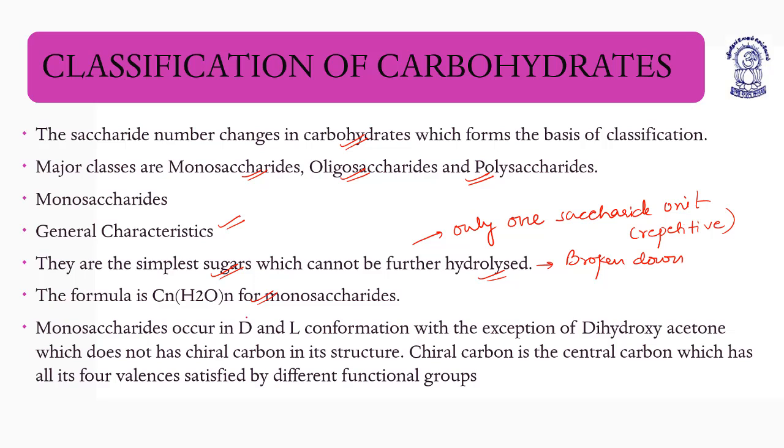Monosaccharides occur in D and L relative configurations, with the exception of dihydroxyacetone, which does not have a chiral carbon in its structure. Chiral carbon means asymmetric carbon. It is the carbon in which all four groups are different.